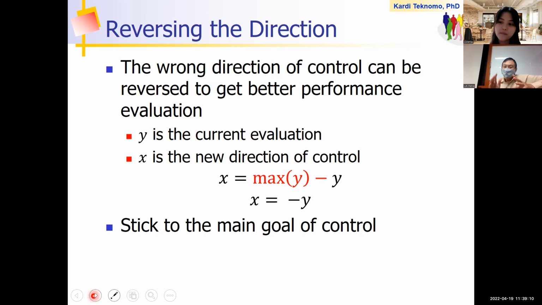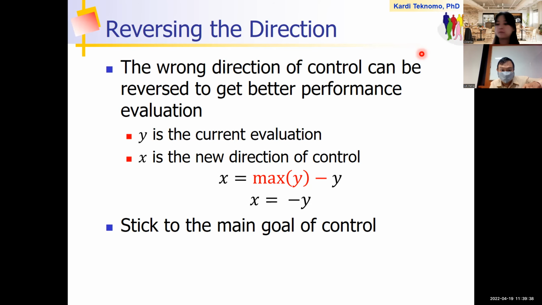As simple as this, look, a wrong direction of control can be corrected by simply reversing the process. What does reverse mean? If the reward is positive, then you just make it negative, or you can make it the maximum minus that value. Or you can stick to the main goal of control.